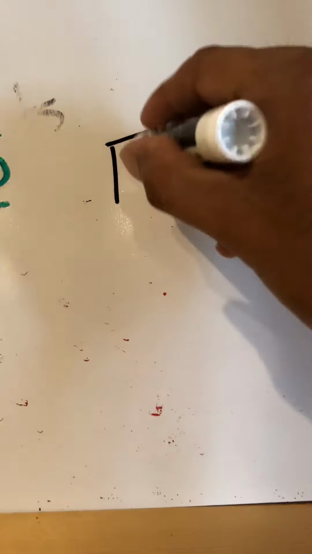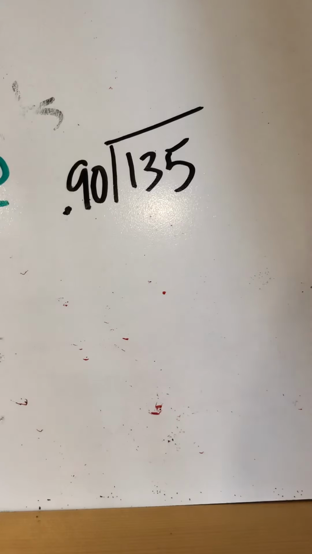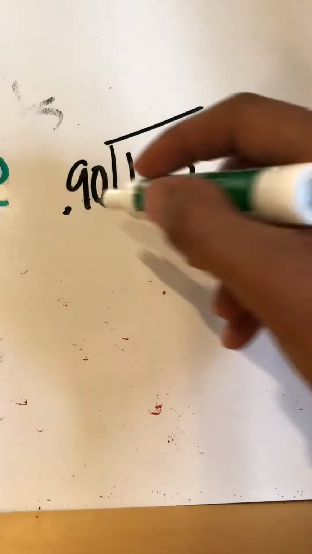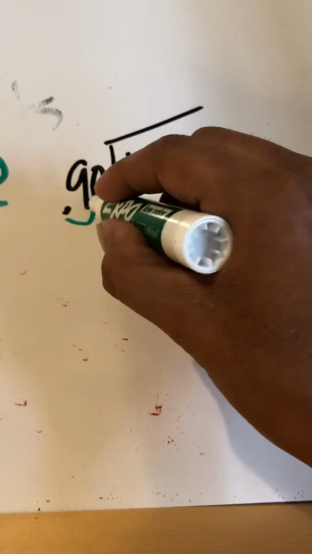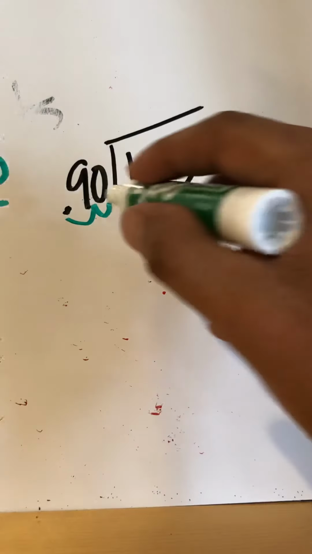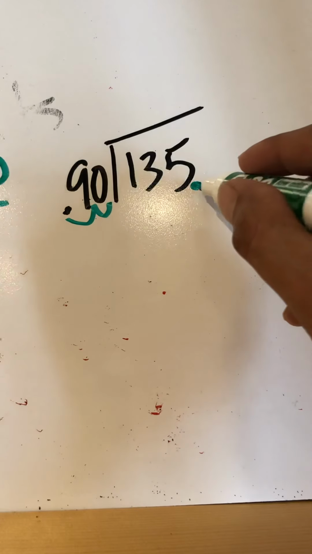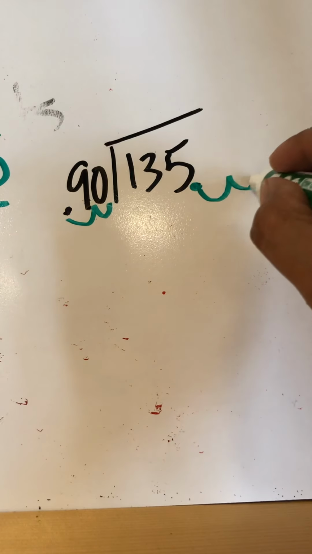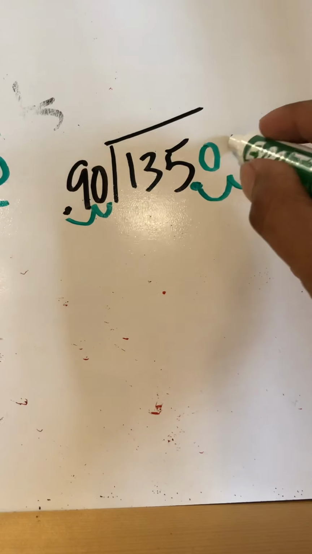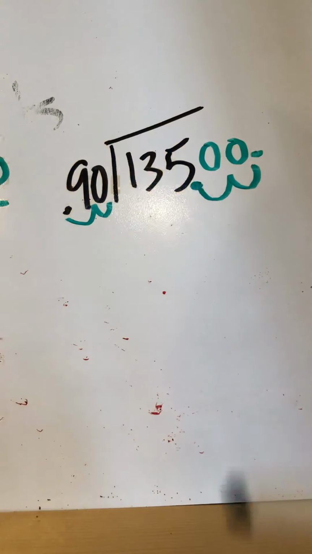My decimal number goes outside the box, and the rule is whenever we divide by a decimal divisor, we move it 1, 2. Whatever I do on the inside, I must do to the outside. Remember, whole numbers have the decimal at the end, so I'm going to put my decimal now so I can see it, and I'm going to move it 1, 2, and I put my zeros.